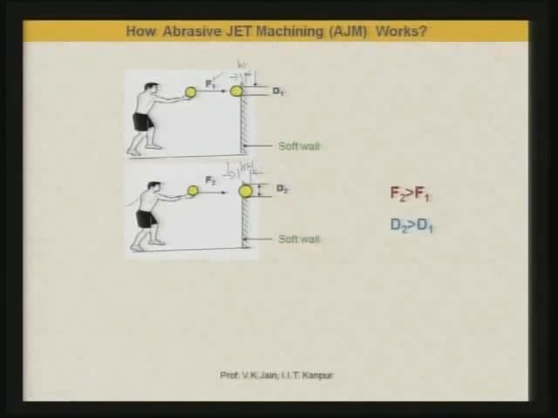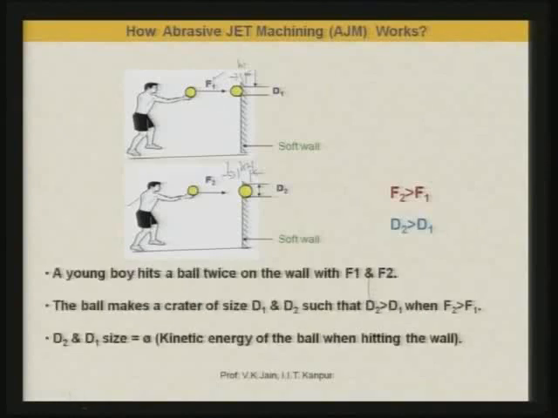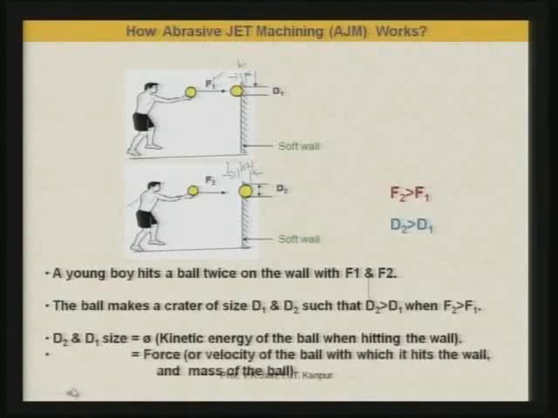In the second case, the velocity or the force being applied on the ball is larger than the first one, and that is why H2 is greater than H1. Now, in the second case, the kinetic energy of the ball is larger than in the first case, that is why the depth of penetration H2 is larger than in the case of H1.